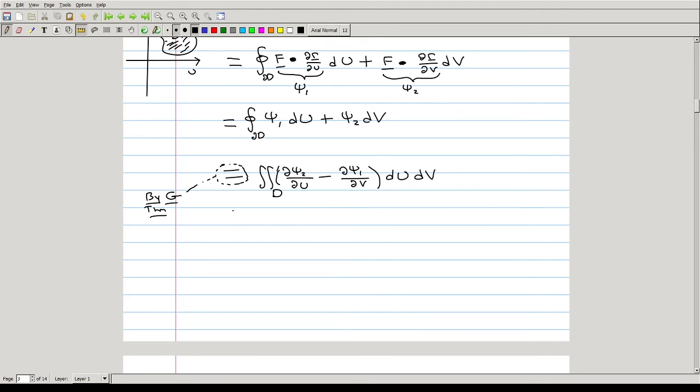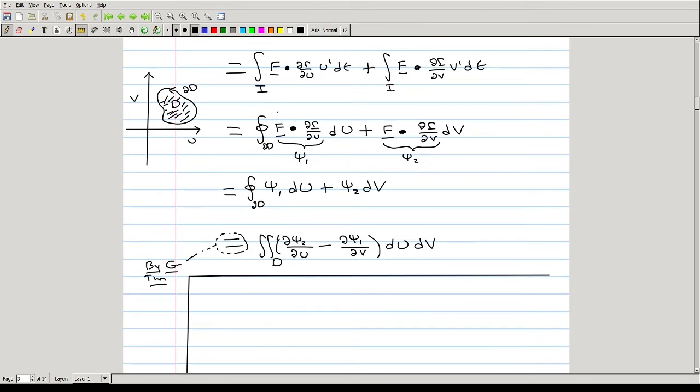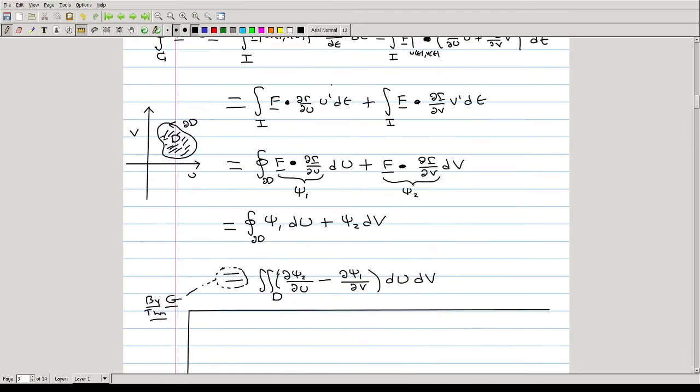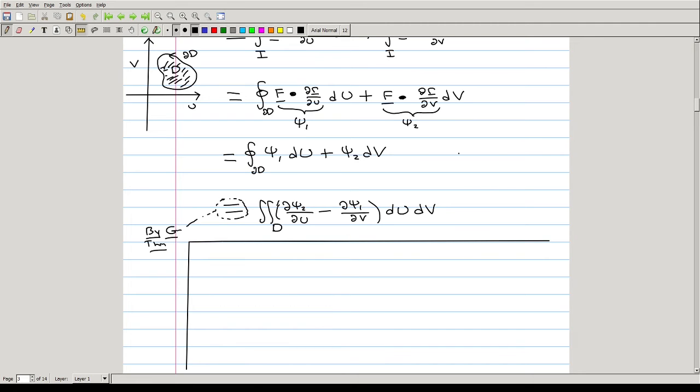And what I want to do before I go through and actually compute this is note a couple things. Remember that phi1 we've defined as being f dot dr/du, and just for simplification purposes, I'll summarize some basic simplifications here.